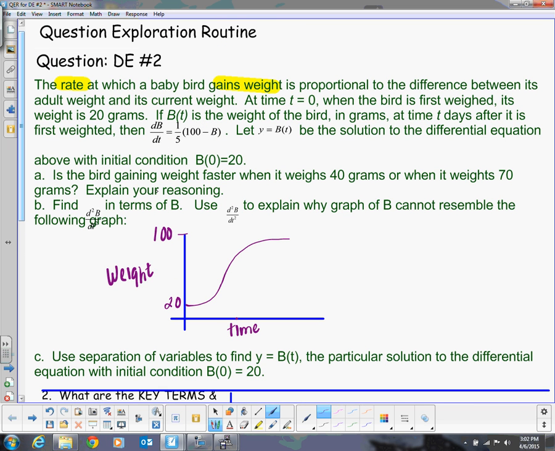Now, notice it says, and we're going to look at this because sometimes you have to create this, these should be trigger words: is proportional.